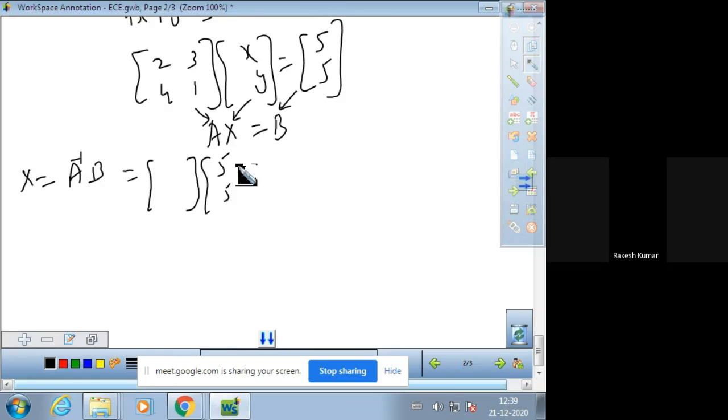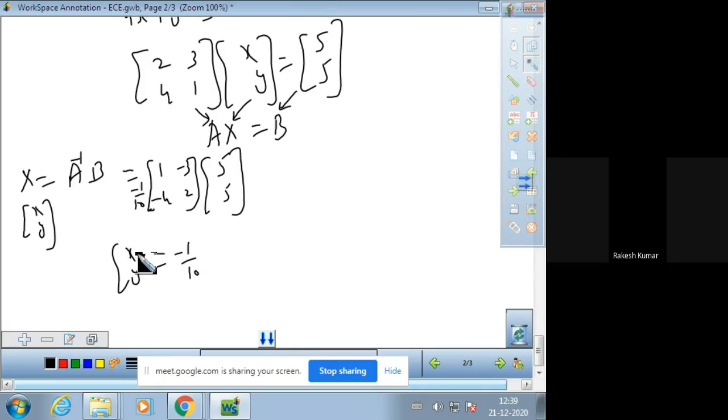The B matrix is clear, 5, 5. Now you just need to find the inverse of this matrix, and then you can substitute the value here and get the required values of the variables, because your X matrix is the column matrix x, y. So let us put the inverse. I am straight away putting the value that is minus 1 by 10, 1, minus 3, and minus 4 and 2. So you just need to compute.